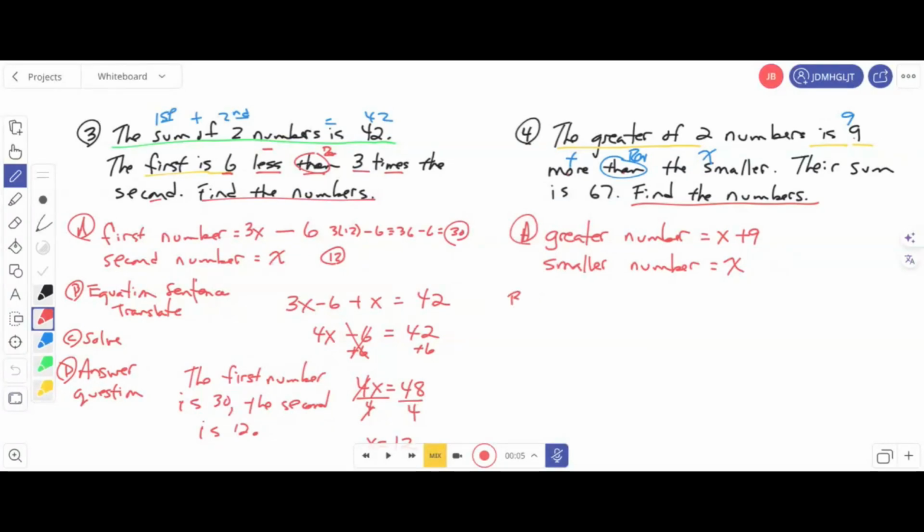Now we find our equation sentence. Equation sentence is their sum is 67. So now we translate.